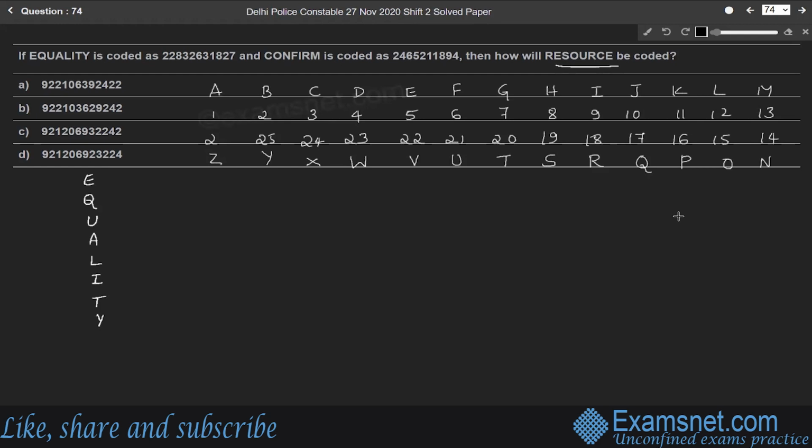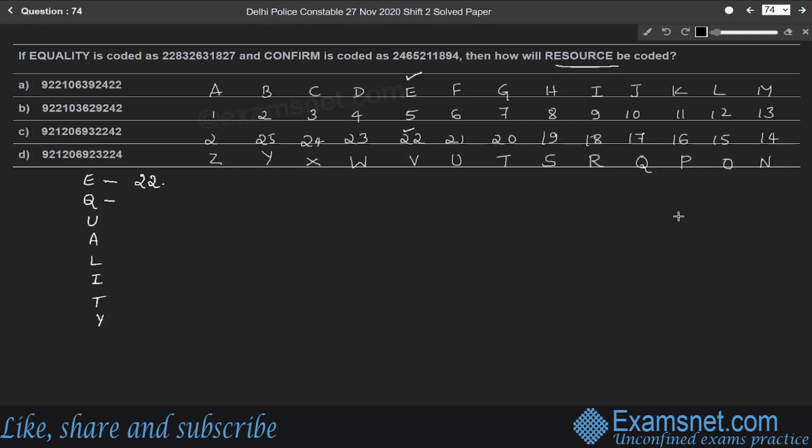For E, its positional value is 5, which is a single digit. For the positional value of an alphabet, if it is a single digit, it is coded as the opposite positional value. So the opposite positional value of E is 22 here. So E is coded as 22. I'll repeat once again. If the positional value of an alphabet is a single digit, then that alphabet is coded as its opposite positional value.